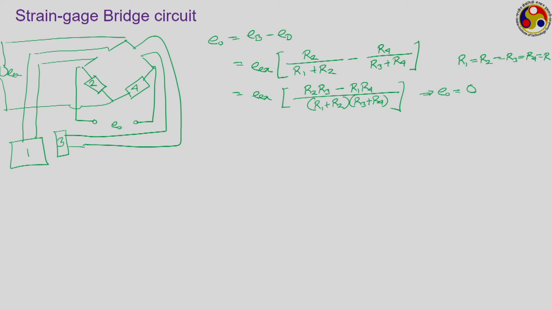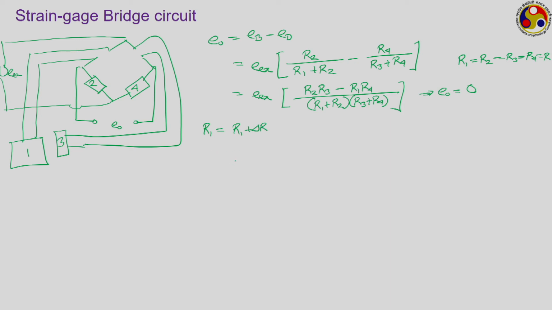So, we have to now go for an analysis of this particular circuit. Let us change our terminology a bit. 2 and 4 are the normal bridge resistances, 3 is a strain gauge which is not sensing any kind of strain, but 1 is the actual strain gauge which is sensing the strain. Then the resistances of 2, 3 and 4 will remain unaltered, but R1 will change by some delta R amount.